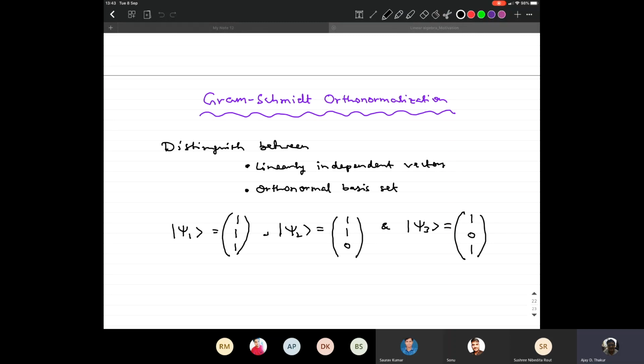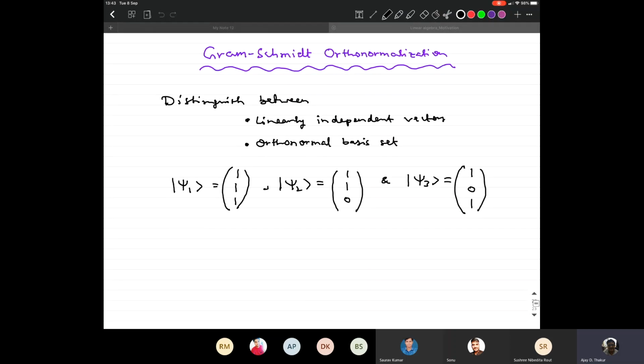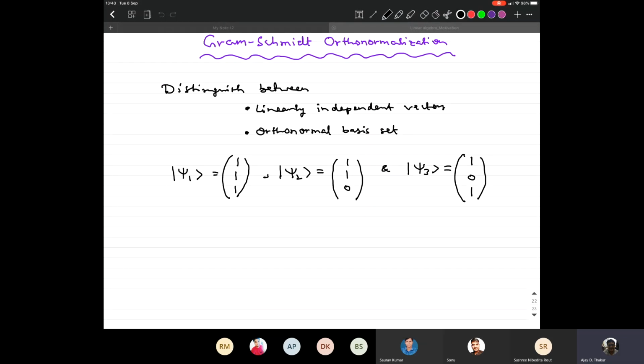Okay, so the point that we were discussing was we need to distinguish between these linearly independent vectors and the orthonormal basis set. When we say span of a given vector space, it turns out that by using a suitable set of linearly independent vectors of the right dimensionality, one can span a given vector space. For example, 1 1 1 column vector, which is psi1, similarly psi2 and psi3, these three are linearly independent.